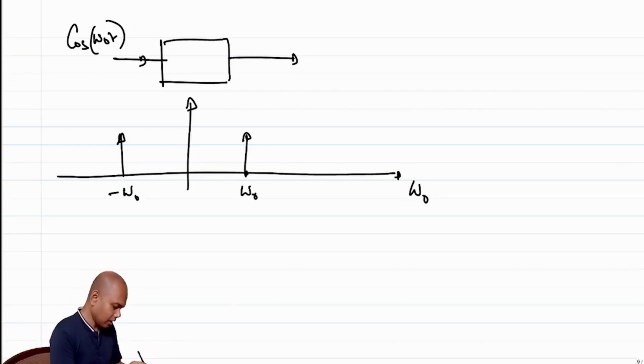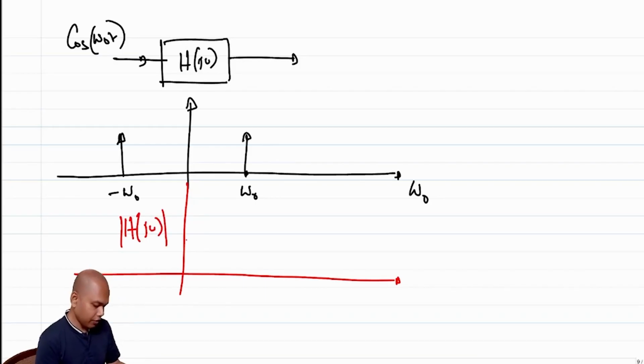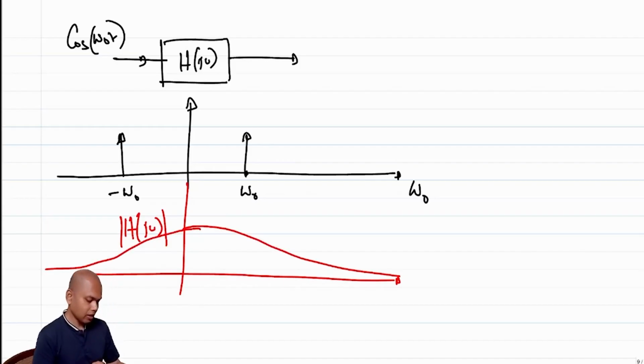And if I know that the mod of H of j omega is maybe something like this, then what will be the output?